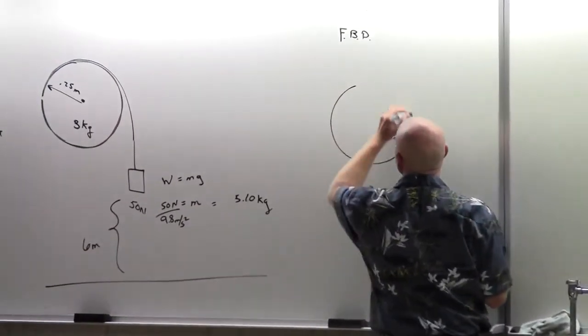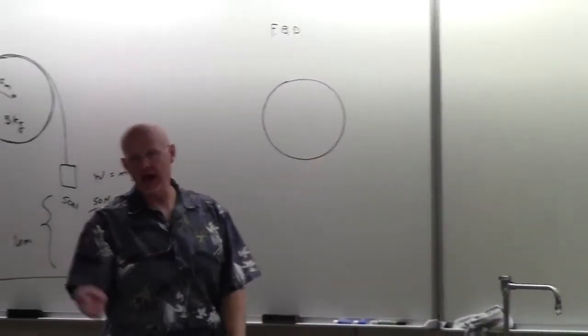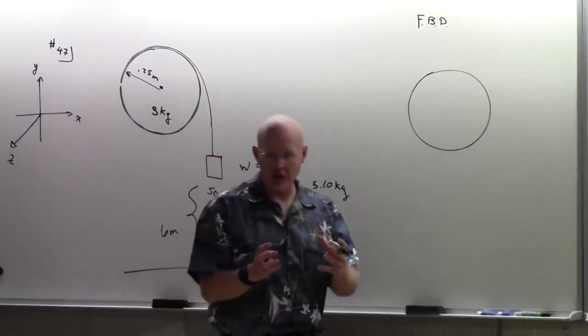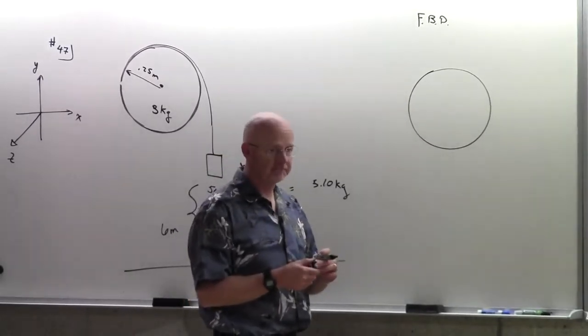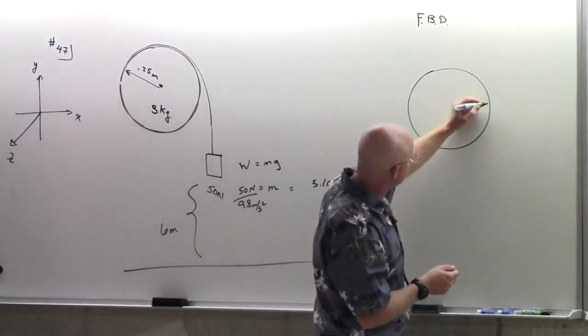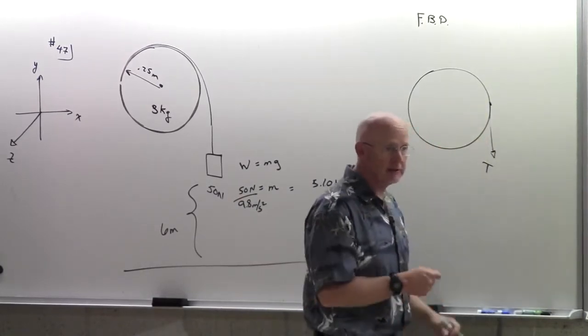I would set up just the reel by itself and ask, what are the forces on this reel? Well, maybe I should ask you guys to help me out here. What forces are on this reel? Okay, obviously the string has a tension in it, pulling it down.